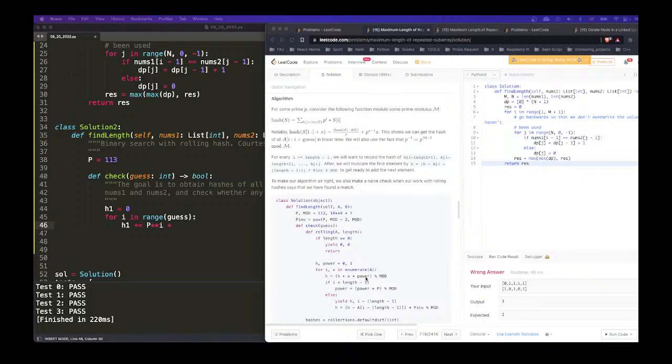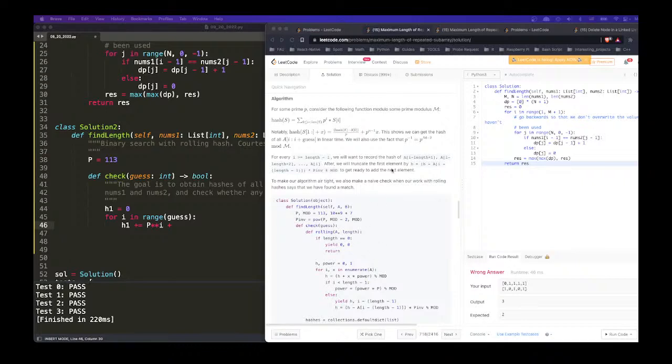X times power. What? Divided by p plus p to the n minus 1 times x.